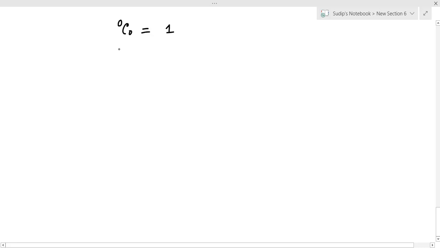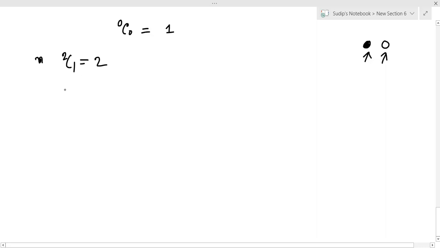If we are given 2C1, you are given two balls, black and white, and you have to choose any one. So you have to take either the black one or the white one. So 2C1 is equal to 2.